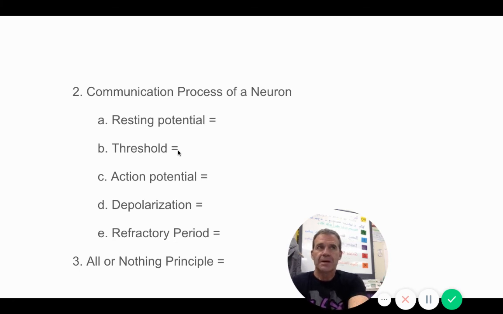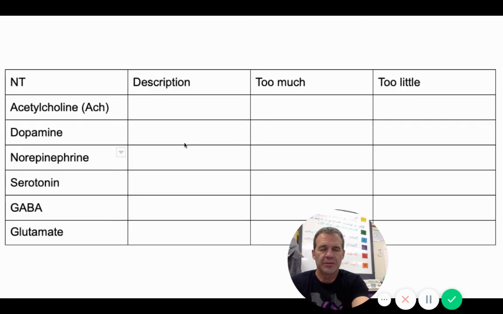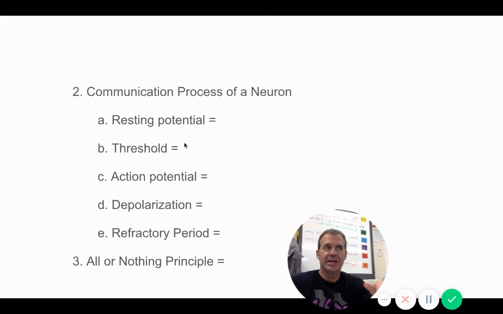Have you ever pushed a lever on a toilet and it didn't flush? You didn't quite push it hard enough, so it didn't reach threshold. So pushing that lever hard enough is causing threshold to occur. Once threshold occurs, then action potential happens, and that is when the toilet begins its actual flush, right?